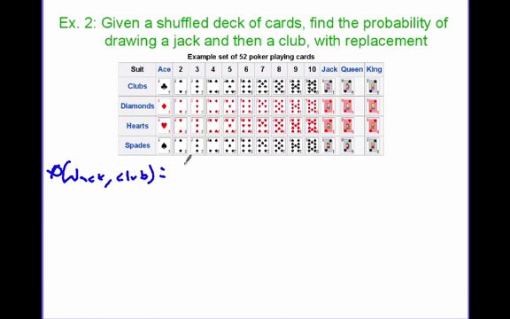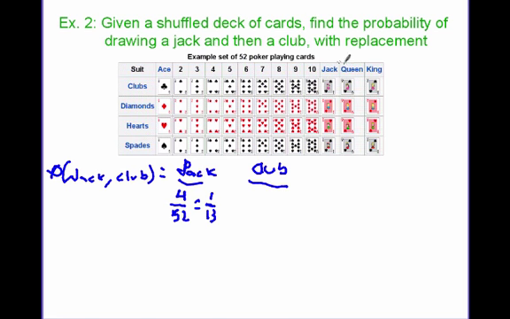I'm going to find the probability of a jack, then the probability of a club, and multiply them together. First, let's find the probability of getting a jack on the first card I pull. I have 1, 2, 3, 4 jacks out of my 52 total cards. So that's 4 out of 52, and that reduces to 1 over 13.